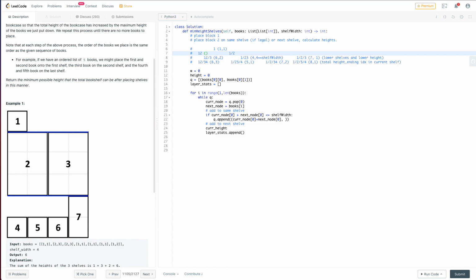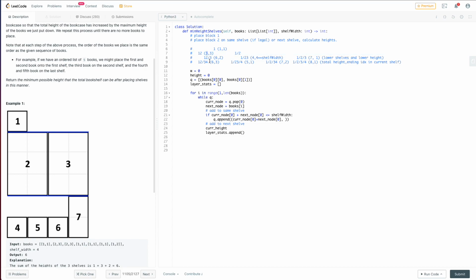So 1, 2 will have 3. This is 3 and this is 3.